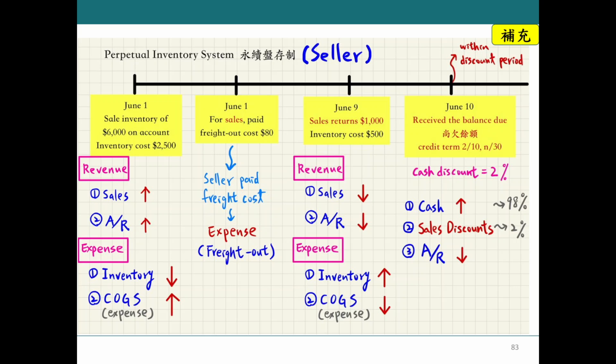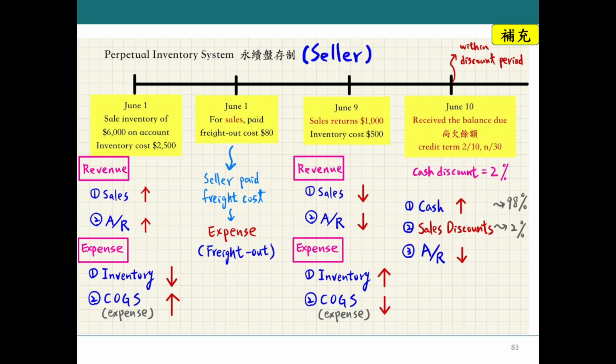Because when we sell the products, different kinds of expenses are incurred, like what? Utility expenses, advertising expenses, salaries and wages expenses, right? Including freight out. So did you find freight out when we sold the products? So including this, okay?